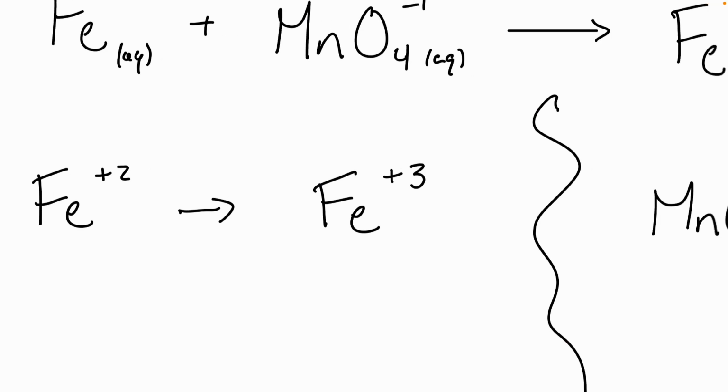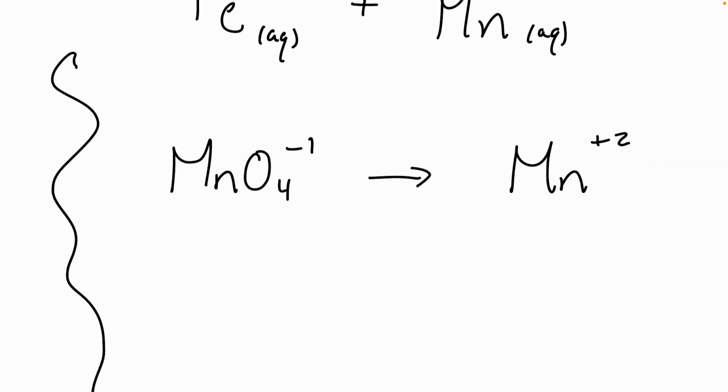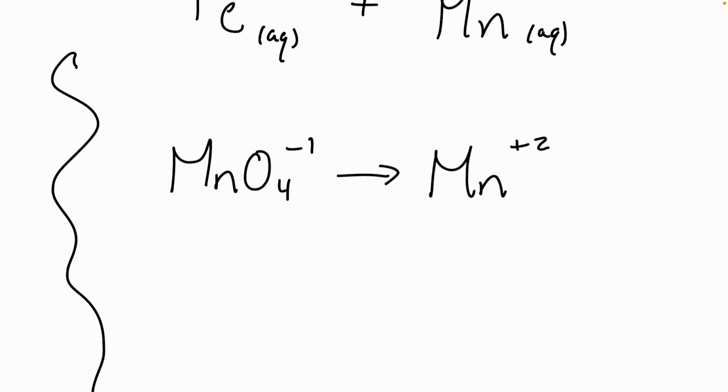No. All right, cool. So now let's jump to this side. I need to mass balance these oxygens by adding water. Which side am I going to add water to? My product side. How many waters am I going to add if each one is H2O and has one oxygen? 4. So I'm going to stick 4 waters on there.